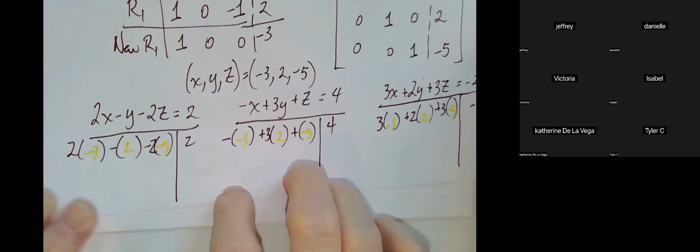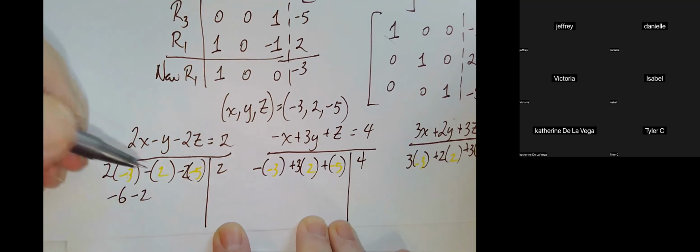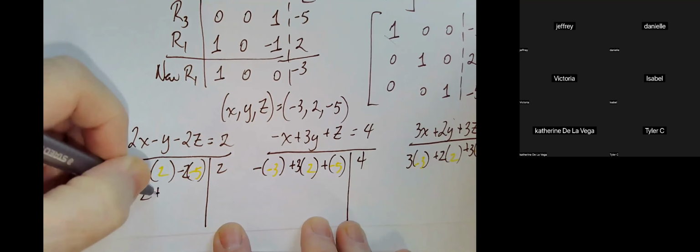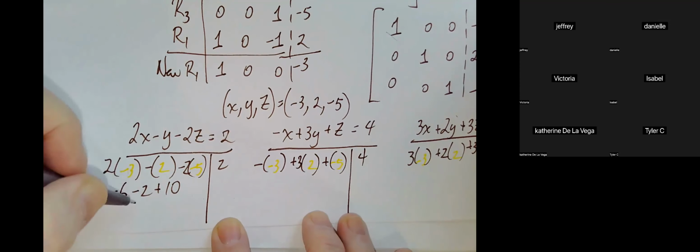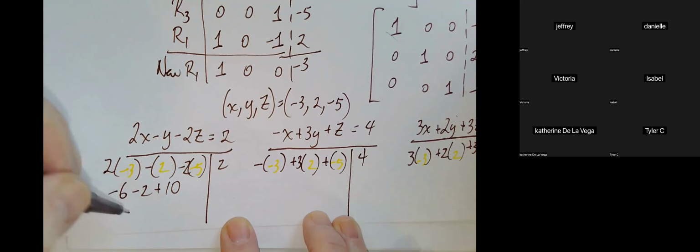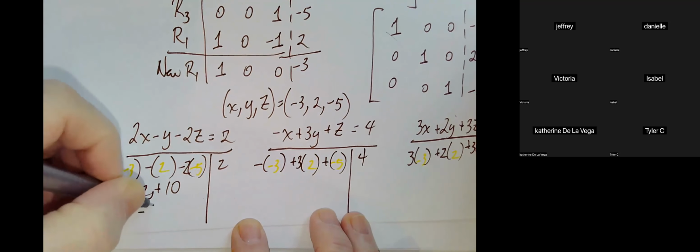Right. 2 times -3 is -6, minus 2. Good. And then -2 times -5 is 10. So -6 minus 2 is -8, and then plus 10 is 2.